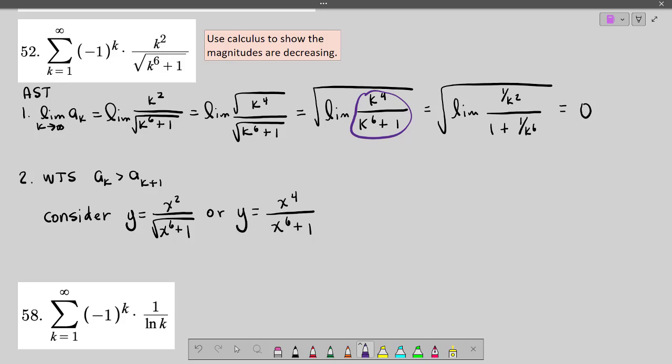The bigger function is the square root of this quantity. You can think of it as the square root of another function. Say, call this function f, and we're taking the square root of this function f. The square root function will be decreasing as long as this function is decreasing. If the inside of the square root is decreasing, then the square root of it must also be decreasing. So if we can show that the inside of the square root is decreasing, that means the square root is also decreasing.